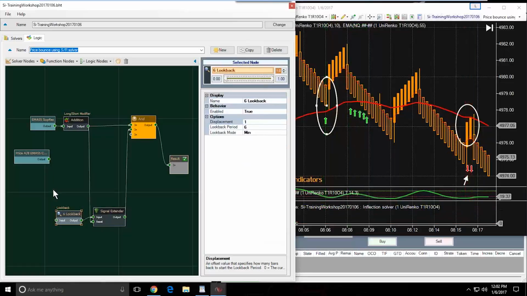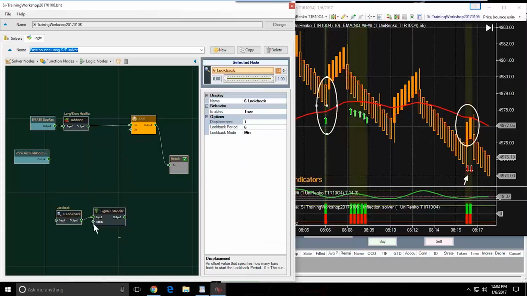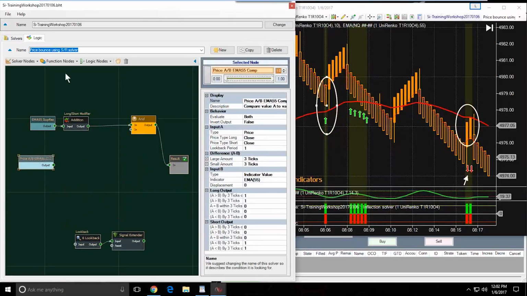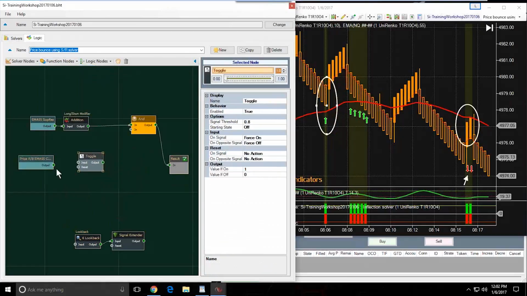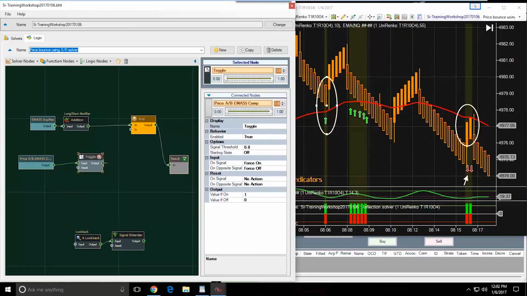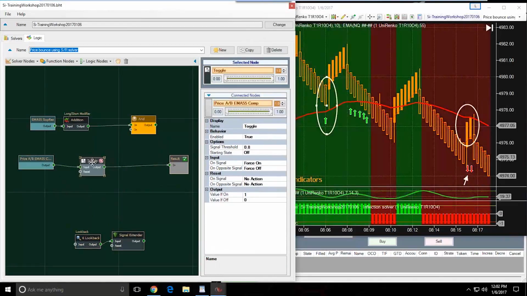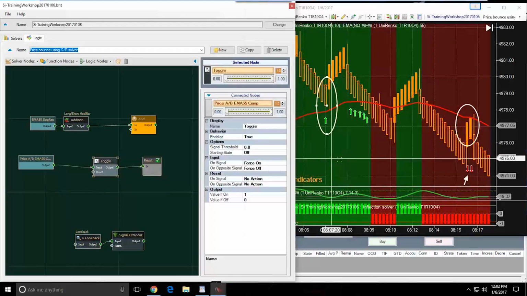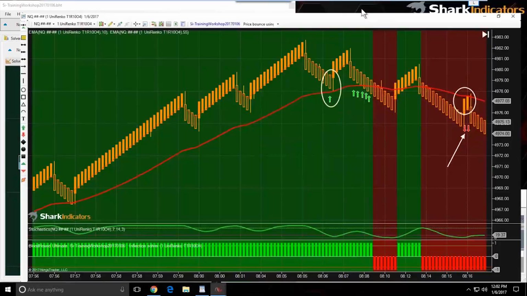All right, I'm just going to disconnect those, throw them off to the side, and instead I'm going to try using the toggle node. If we look at the toggle node here, take a look at the chart.